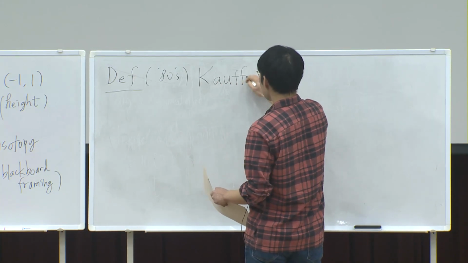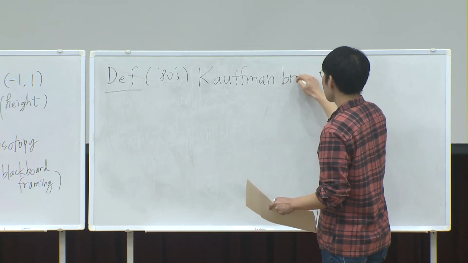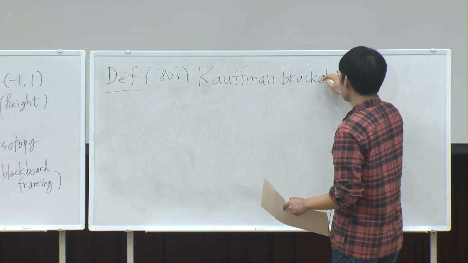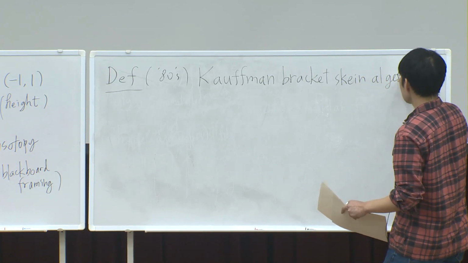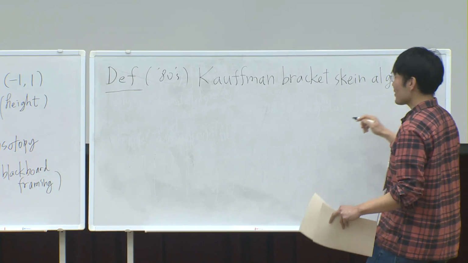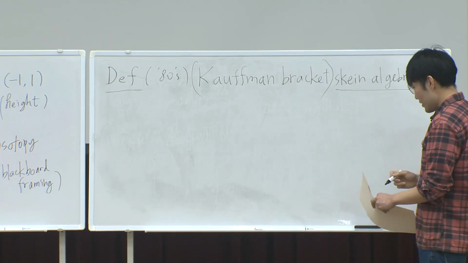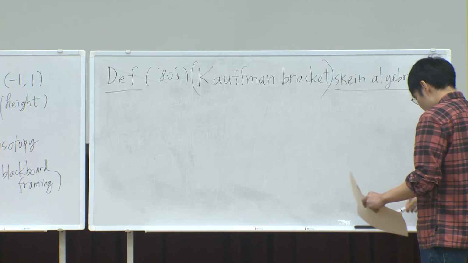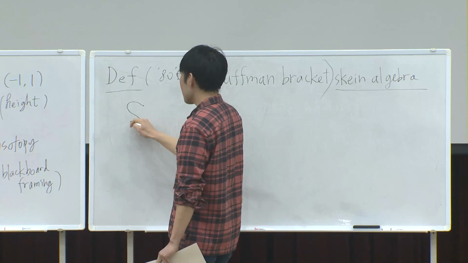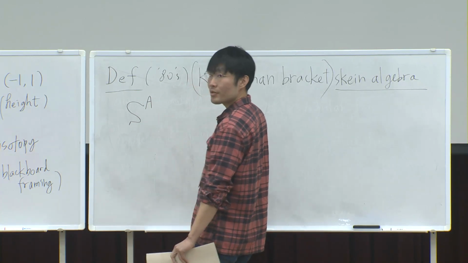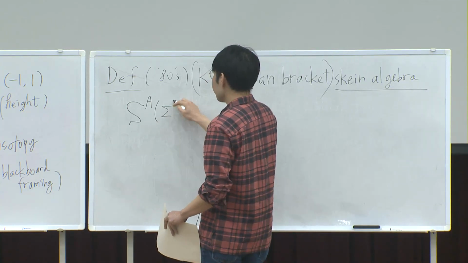Out of many possible versions of what people call skein algebra, this is the one called the Kauffman bracket skein algebra. But today I will only talk about this skein algebra, so I can omit saying Kauffman bracket and just say skein algebra. It's an algebra with a certain parameter, traditionally called A, associated to a surface.